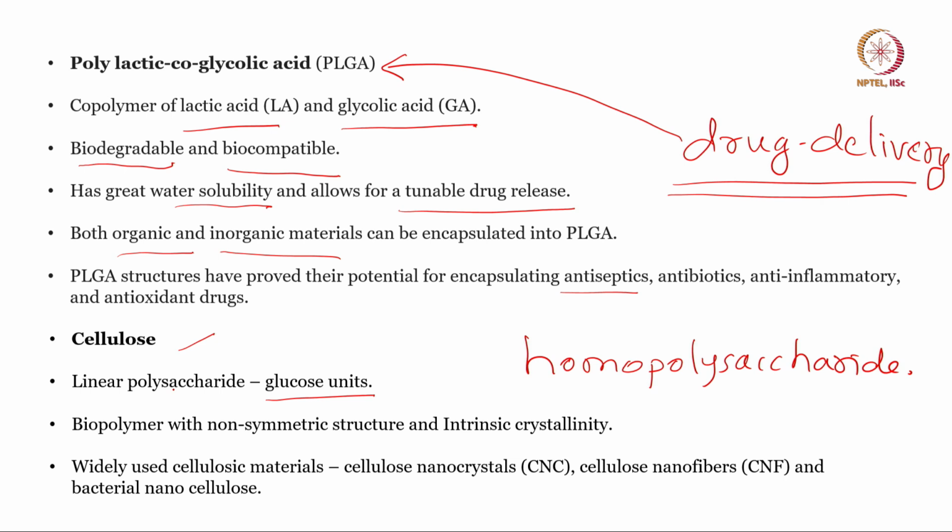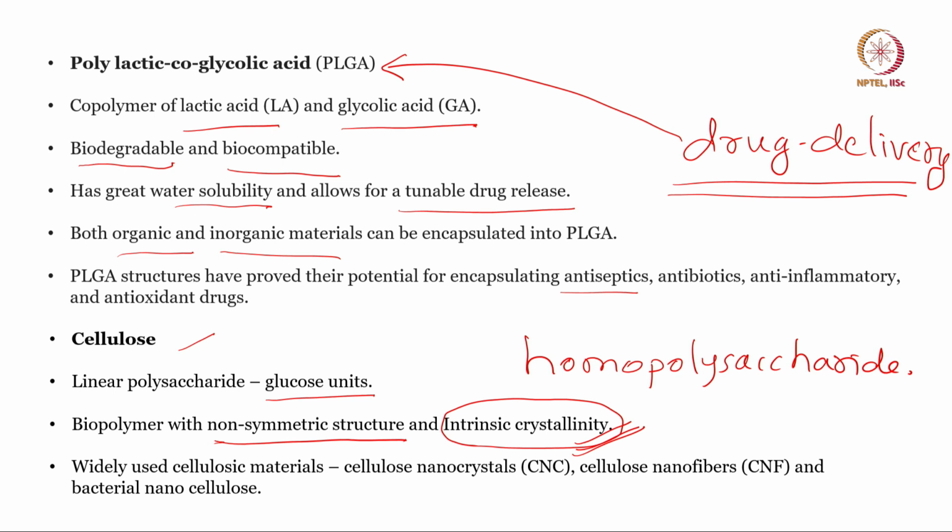This cellulose is a polymer with a non-symmetric structure, and apart from that, this material shows intrinsic crystallinity. That means the orderly arrangement of monomeric units in the polymeric chain helps in showing the crystalline nature, or gives crystallinity to the final material.